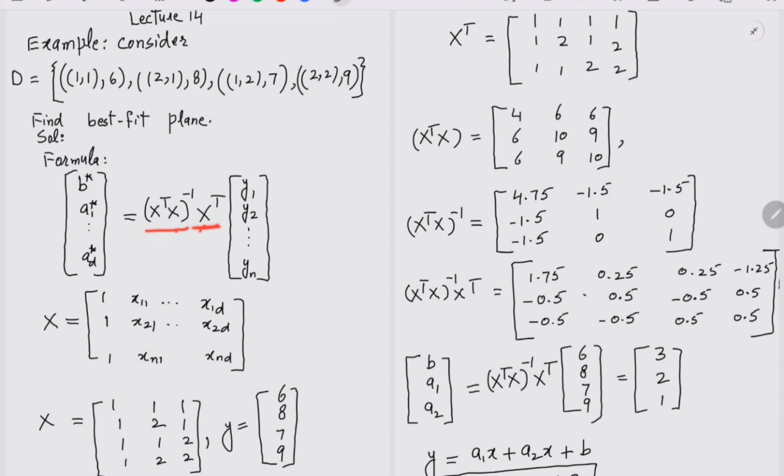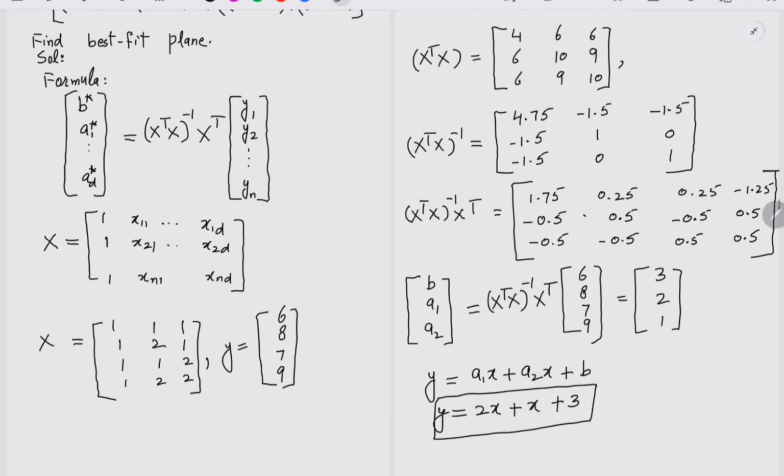I did not derive it in the previous video, so you have to use this formula as is. So we multiply (X transpose X) inverse with X transpose, and we get this matrix on the right hand side. And finally, after obtaining these matrices, you have to multiply with y1, y2, y3, and y4.